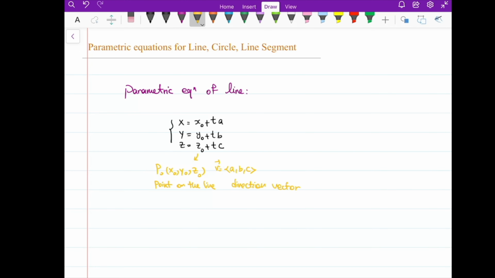Basically this parametric equation of the line is the one that we are going to use for parametrization of a line.